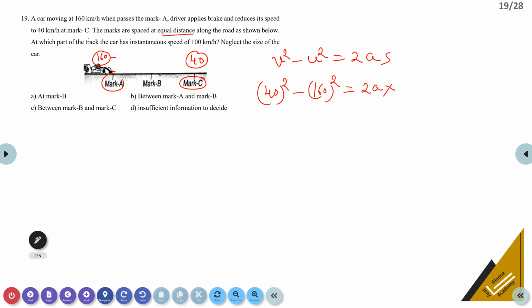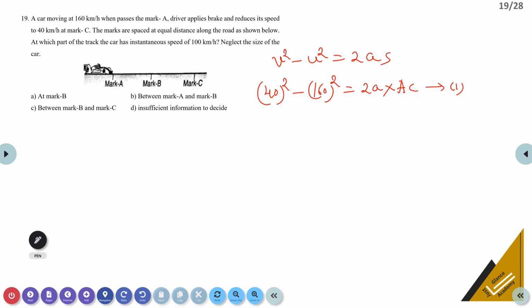It will come to 40 km per hour at point C. So from here to here distance I am writing, this is equation number 1. I will clear this for you.